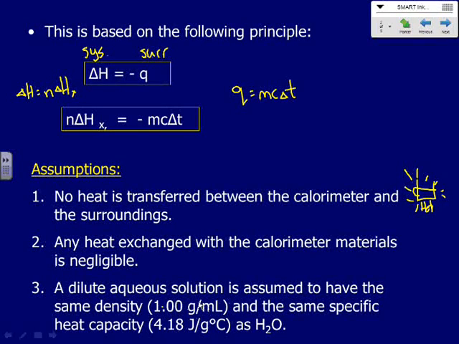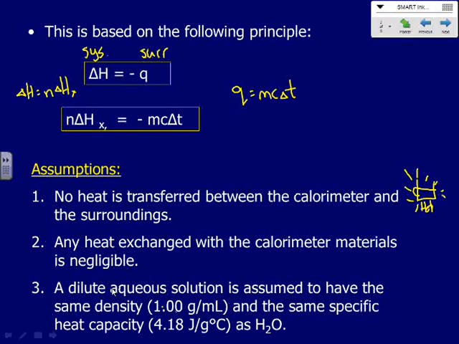But we're going to need this conversion factor to convert any volumes into grams so that we can put those grams into the surrounding mass. So our assumption here is that any dilute aqueous solution we're dealing with has the same density as water. All right? We also need to use the heat capacity of water. We've already seen that. It's 4.18 joules per gram degree Celsius.